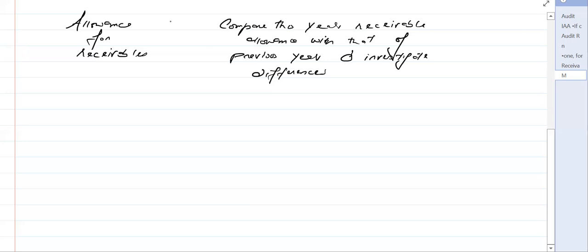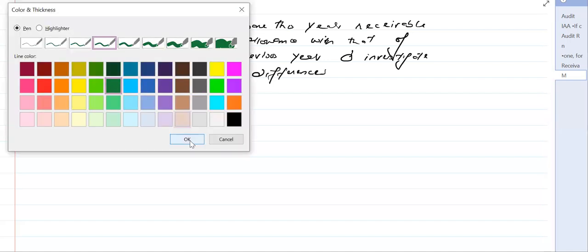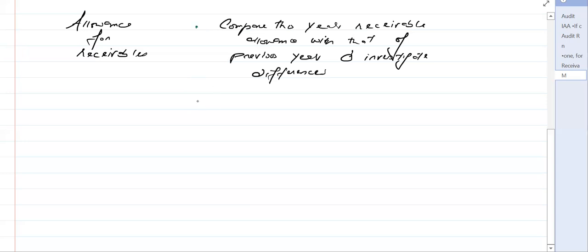Or we can write the similar procedure in another way. Let's just write in another color. The same procedure.